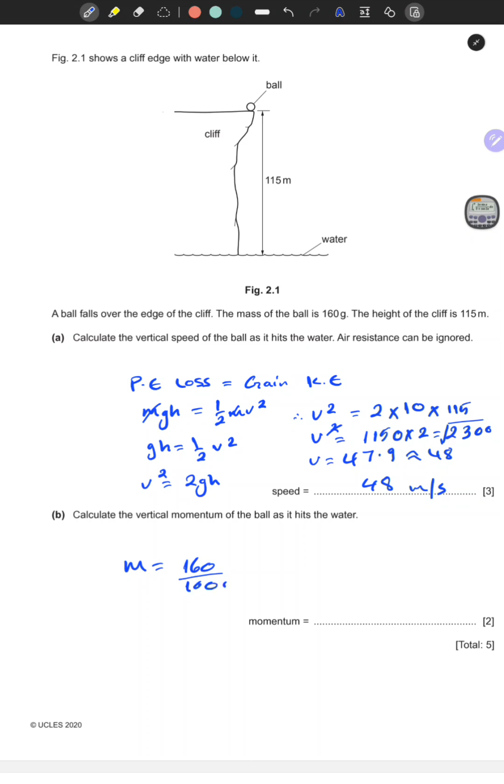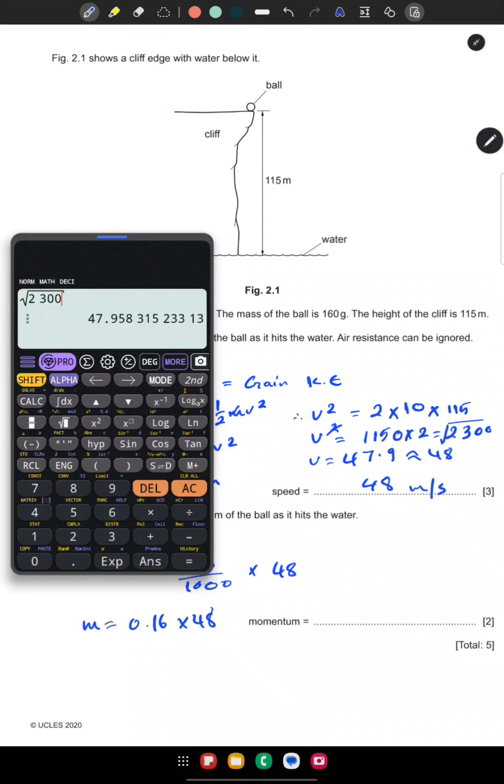So 160 divided by 1000, and then times what? Times the speed that I have found in part A, which is 48. So momentum is equal to 0.16 times 48. So let's see what that value is in the calculator.